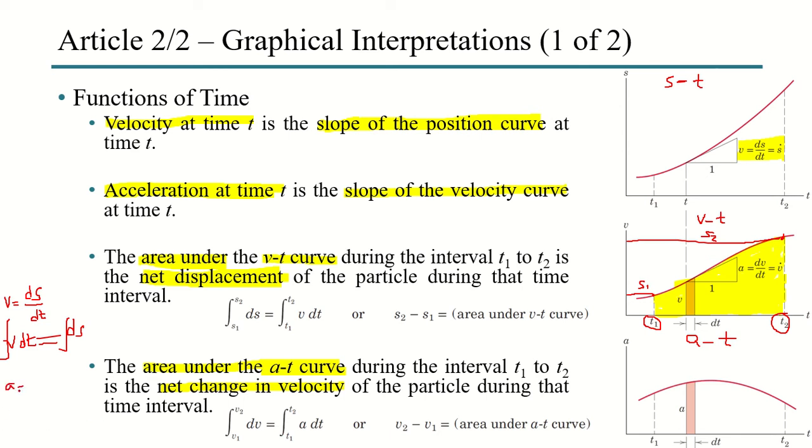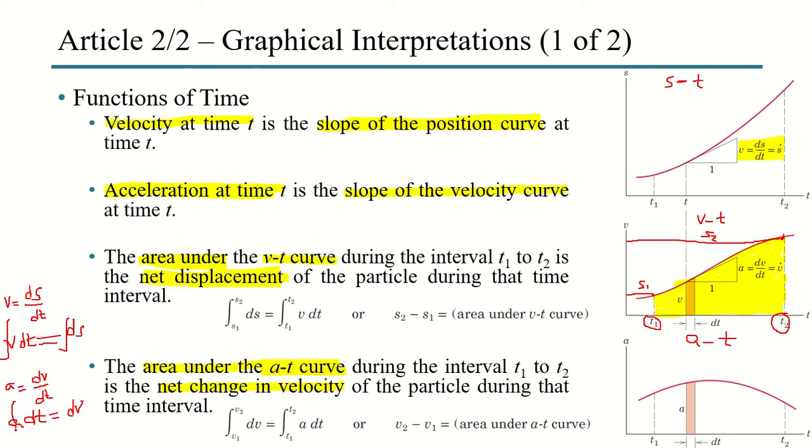To find the net velocity, we have to use the formula that acceleration is equal to the derivative of the velocity with respect to time, and then you cross multiply. So we have a times dt equal to dv, and after that we integrate both sides.